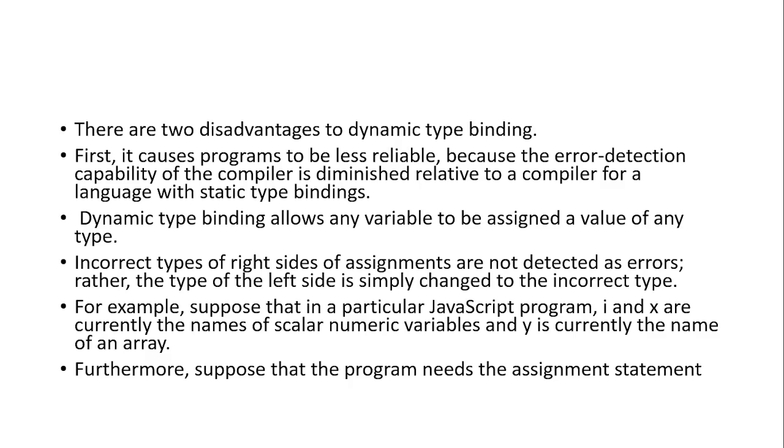Suppose you give an incorrect type on the right hand side of an assignment. That will not be detected as an error. Rather, the type of the left side is simply changed to the incorrect type. For example, suppose that in a particular JavaScript program, I and X are currently the names of scalar numeric variables and Y is currently the name of an array.